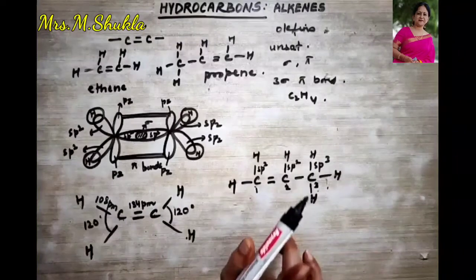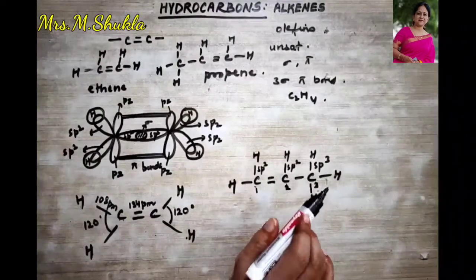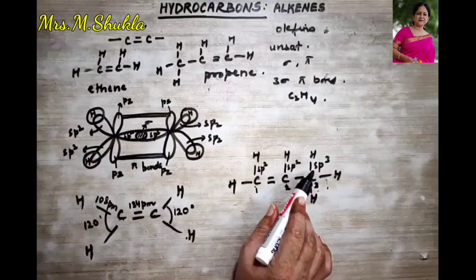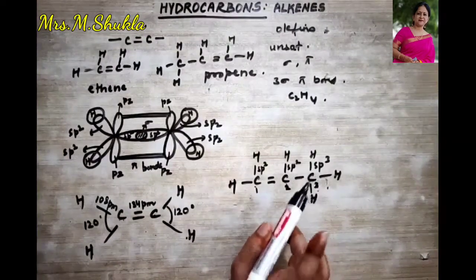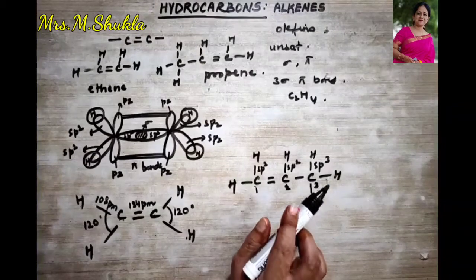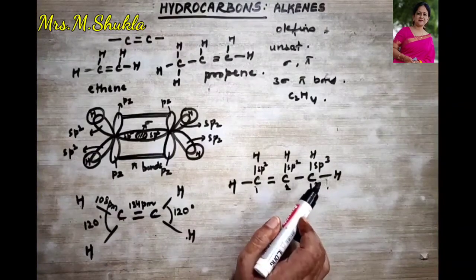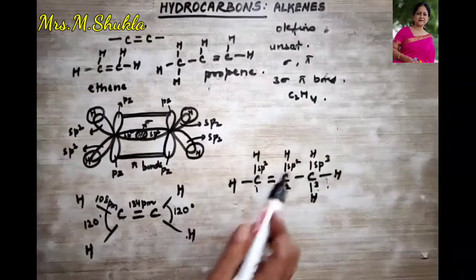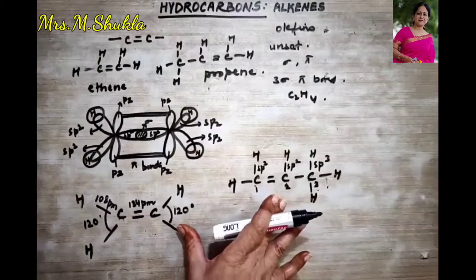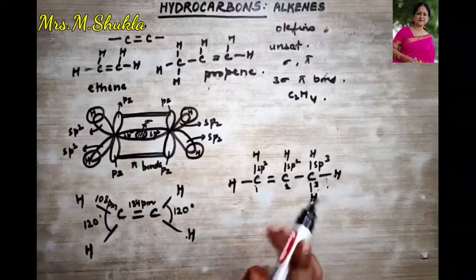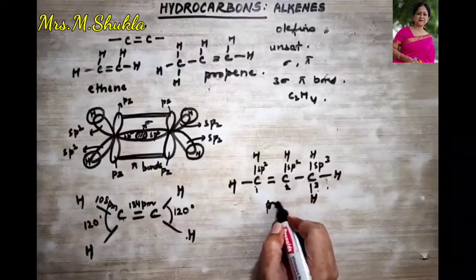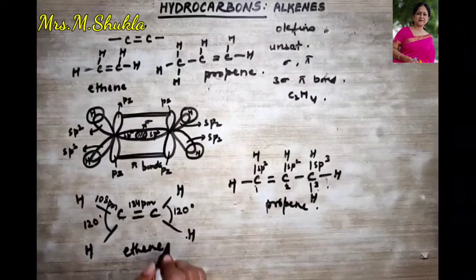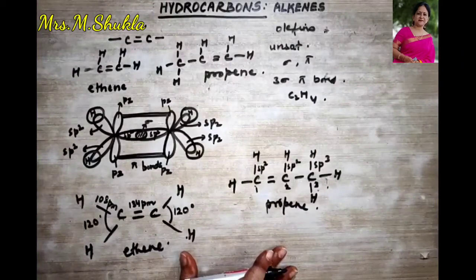The sigma bond between carbon 2 and carbon 3 is formed by the overlap of one sp3 hybrid orbital of carbon atom 2 and one sp3 hybrid orbital of carbon number 3. So I hope you have understood the hybridization also of some of the members of alkenes, like this one was your propene I had talked about, and this was your ethene. I hope this point is clear.